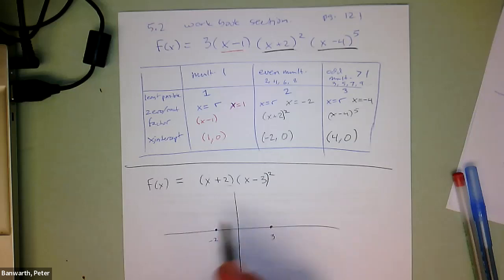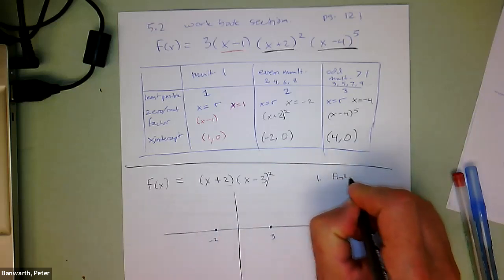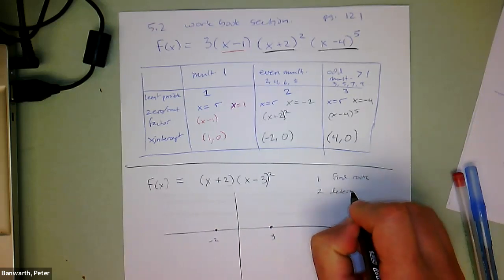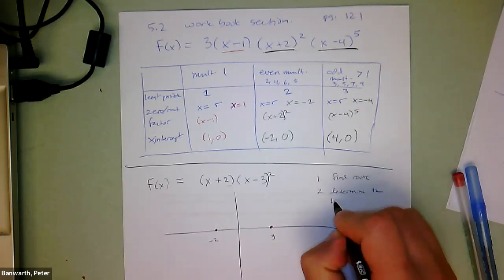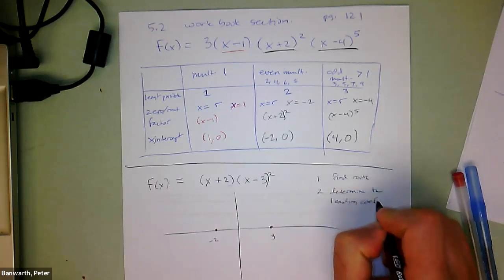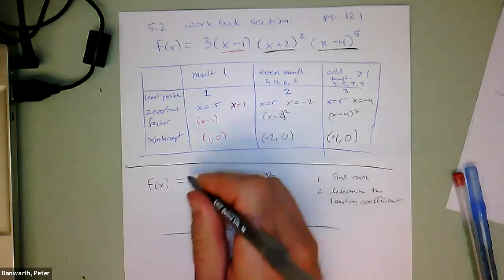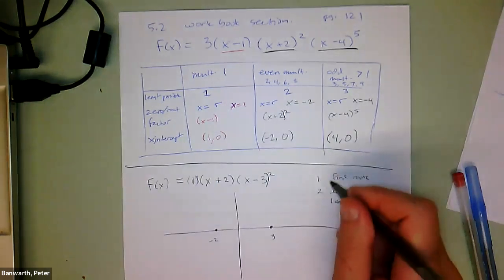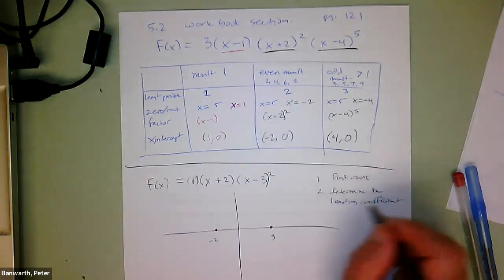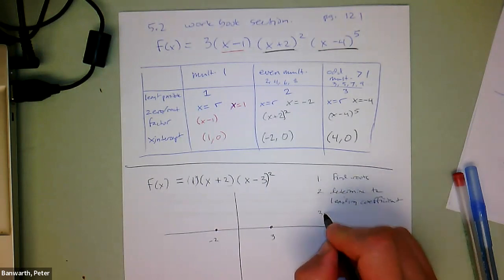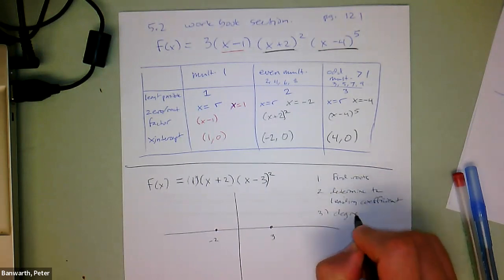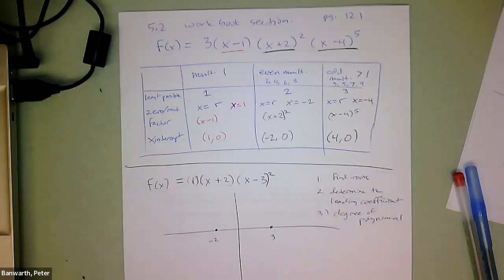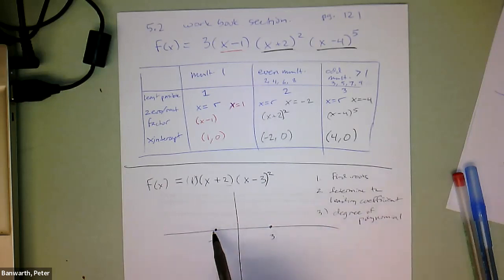The next thing to do, so 1, find the roots. 2 is determine the leading coefficient. In this case, my leading coefficient is just 1. Once you have this information, and in particular the leading coefficient, and then 3, the degree of the polynomial, you can figure out what my graph is going to do.